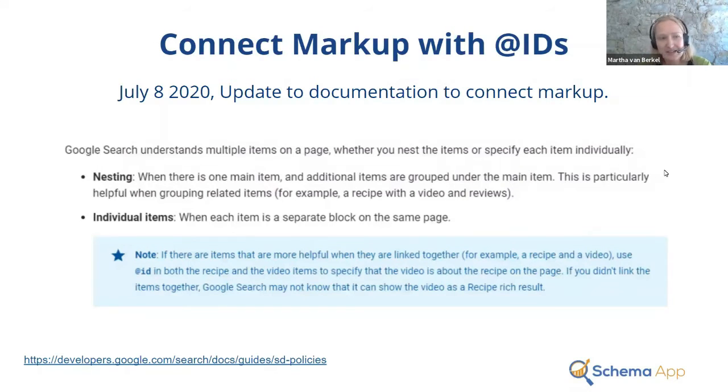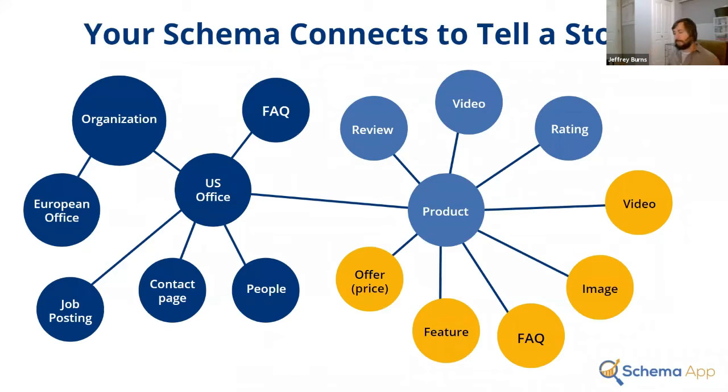Jeff, thoughts on @ID and the benefits and where you see it playing a role? Yeah, so the case you brought up is great. You can have 1,000 products that have a manufacturer, and with the @ID, you can communicate that it's 1,000 products from one manufacturer, not from 1,000. It's also great for all of your schema entities to have their own unique reference or their own node.